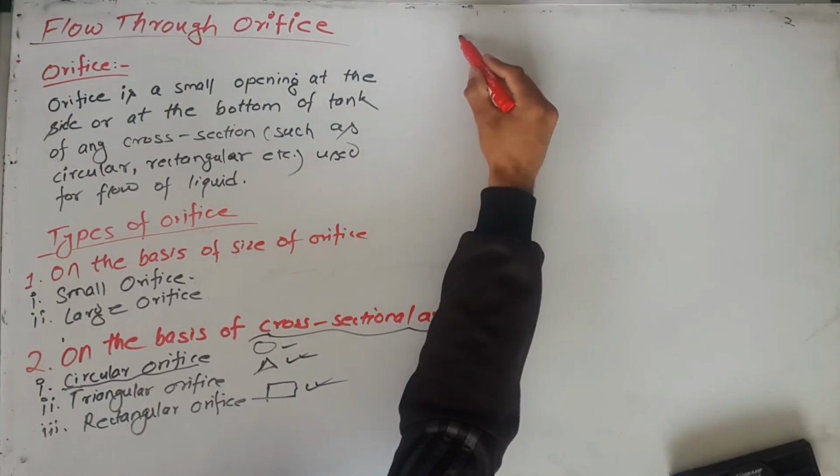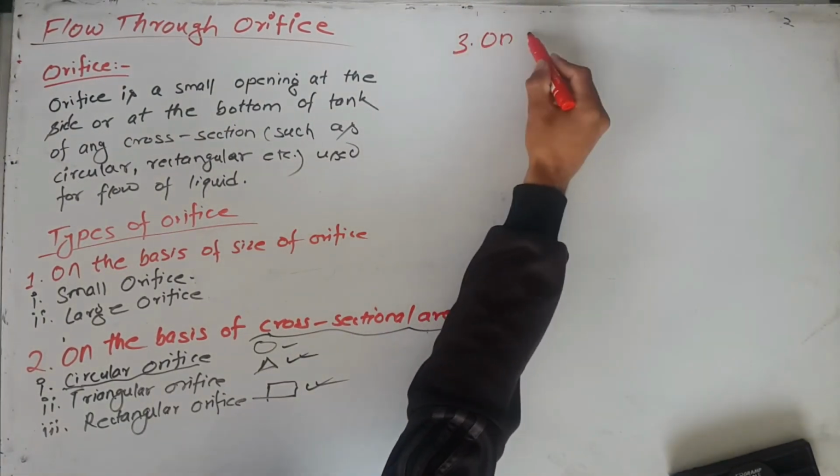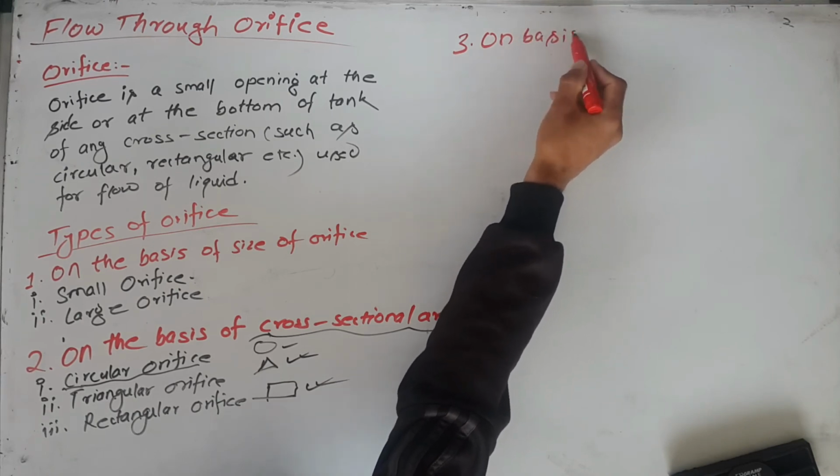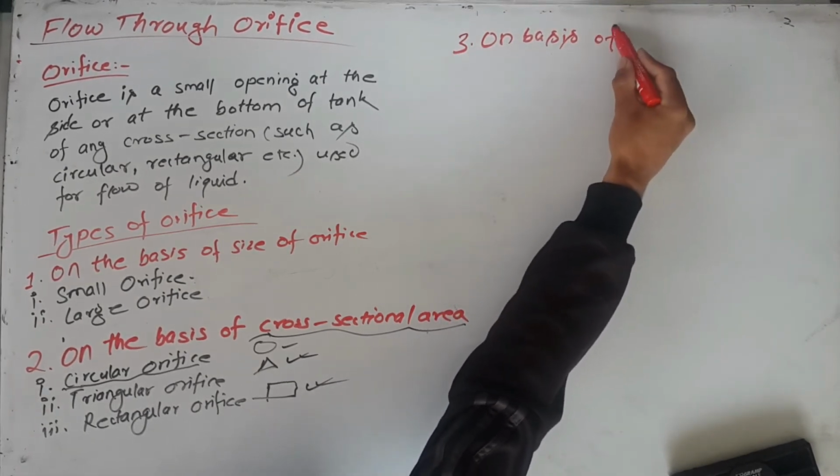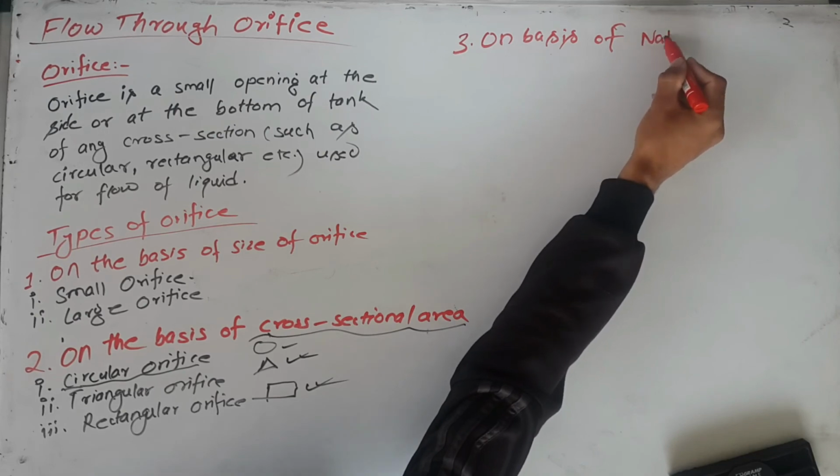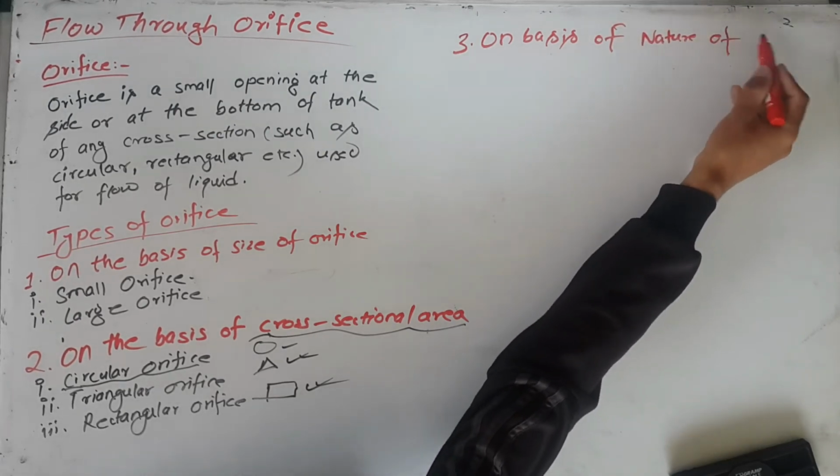On the basis of nature of discharge, we have two types of orifice. First one is free discharging orifice, and second is drowned or submerged orifice.